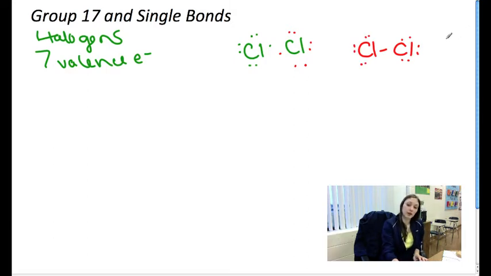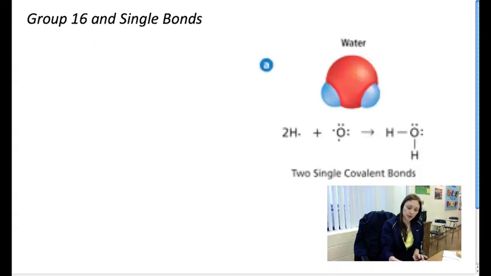So each of these has 3 lone pairs and 1 single bond. Look at group 16. These guys have 6 valence electrons, and each one of those, like an oxygen for example, needs to find 2 more electrons to make 8.